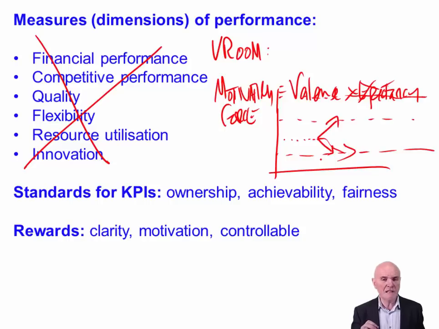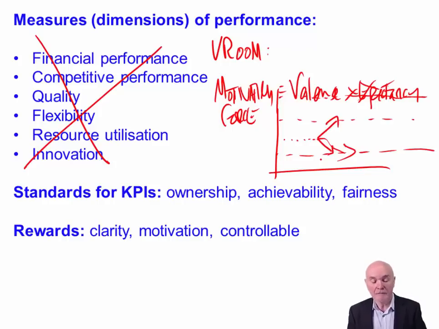There's no indication that the local hotel managers have any say over what the budget should be. So ownership might be missing there a little bit. Achievability, we've no idea. We don't know how tough these targets are, whether they are moderate little improvements compared to last year's actual, or some huge impossible jump.